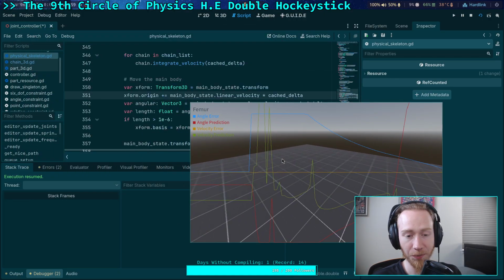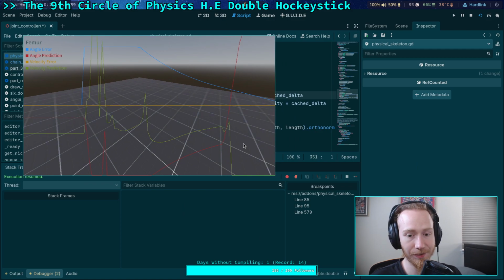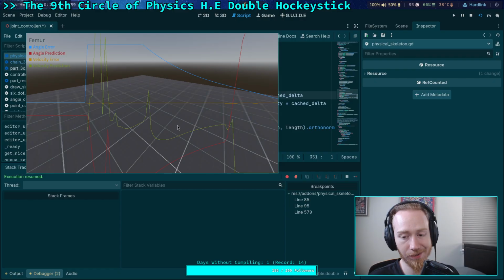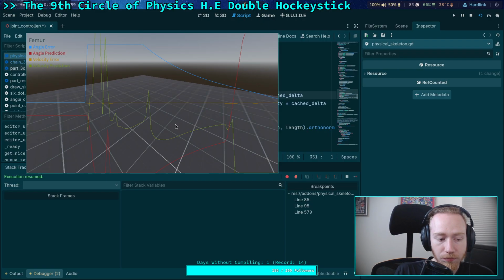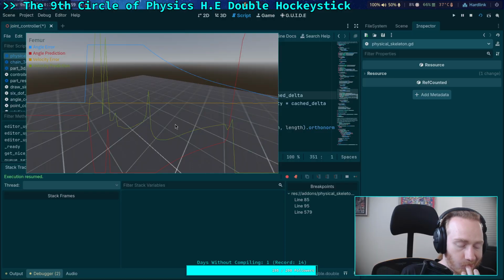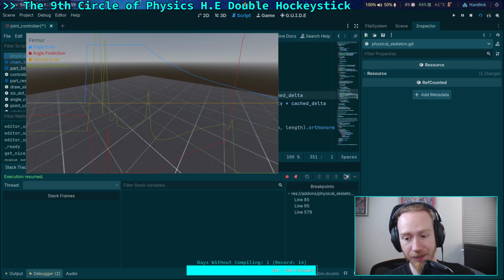Because technically it should have just jumped down one line, and it's not jumping down one line. It's gonna be sad. It's not gonna do it.